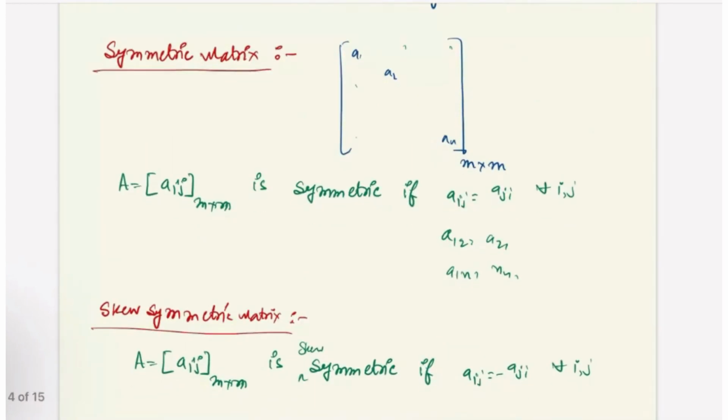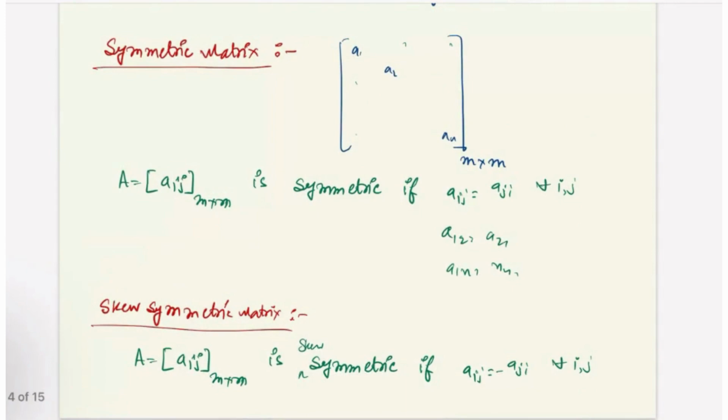And for a symmetric matrix, the diagonal elements are considered, and you can call a matrix symmetric if Aij equals Aji.